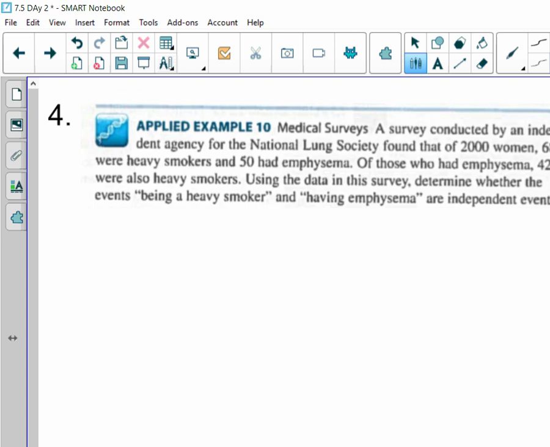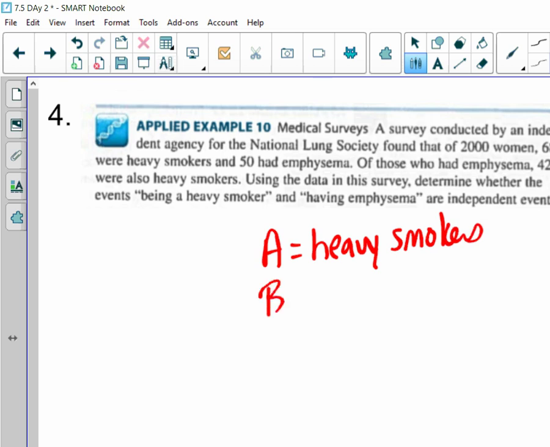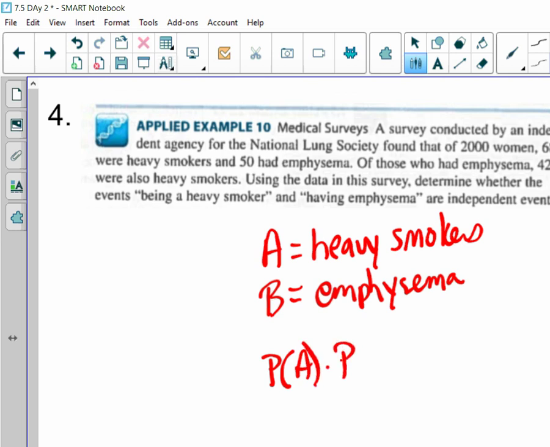So think about if we let A equal the heavy smokers and B equal the ones that have emphysema. If this is independent, then the probability of A times the probability of B should equal the probability of A intersect B, right?